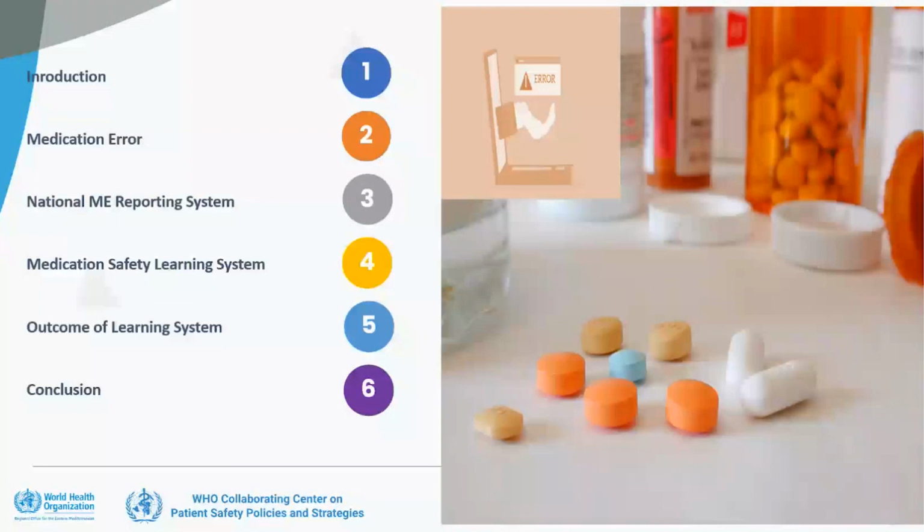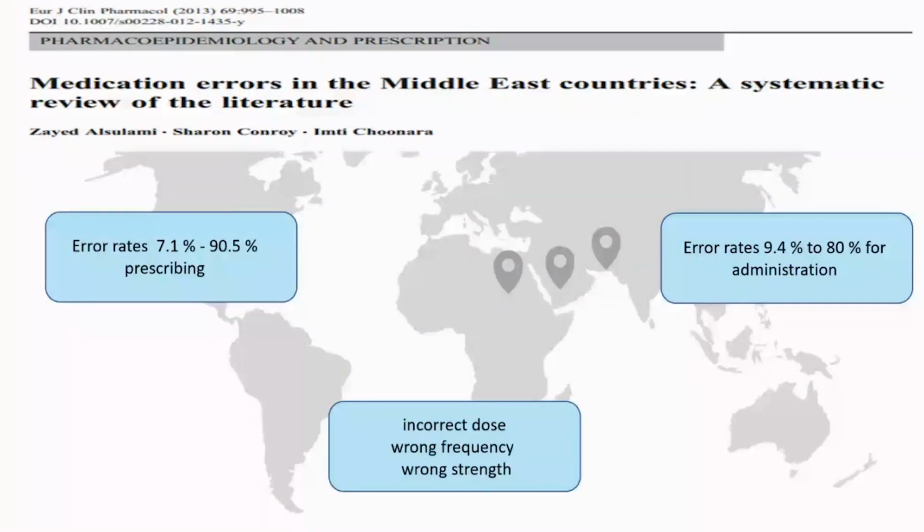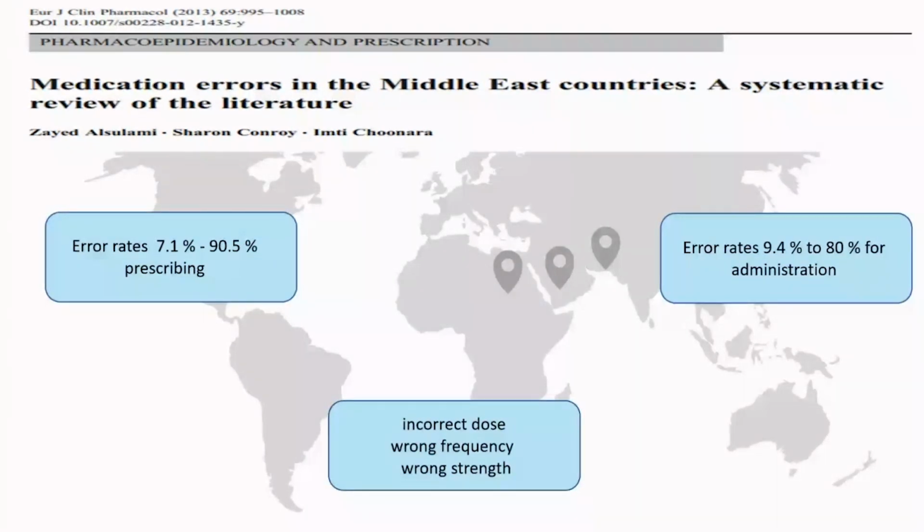This is a systematic review of literature to discuss the medication error. They found error prescribing represents starting from 7 to 90%, while the administration is almost the same thing, from 9% to 80%. Most of the prescription medication error rates specifically emphasized the incorrect dose, wrong frequency and wrong strength.